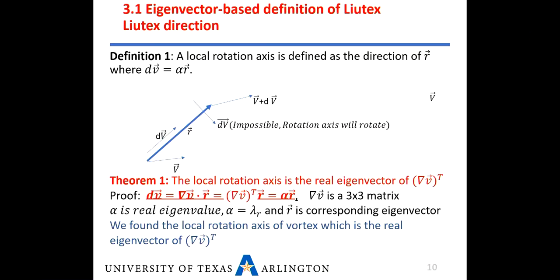It could be 3, could be 5, they're increasing. It cannot have this dV. This dV is impossible, otherwise it's not the rotation axis. So dV can only be stretching, it cannot be in those directions. So that's the main idea.